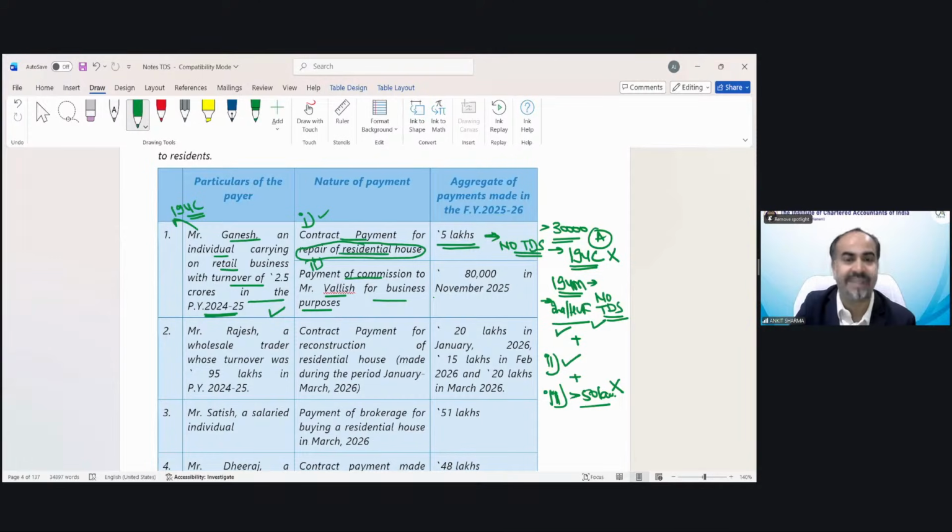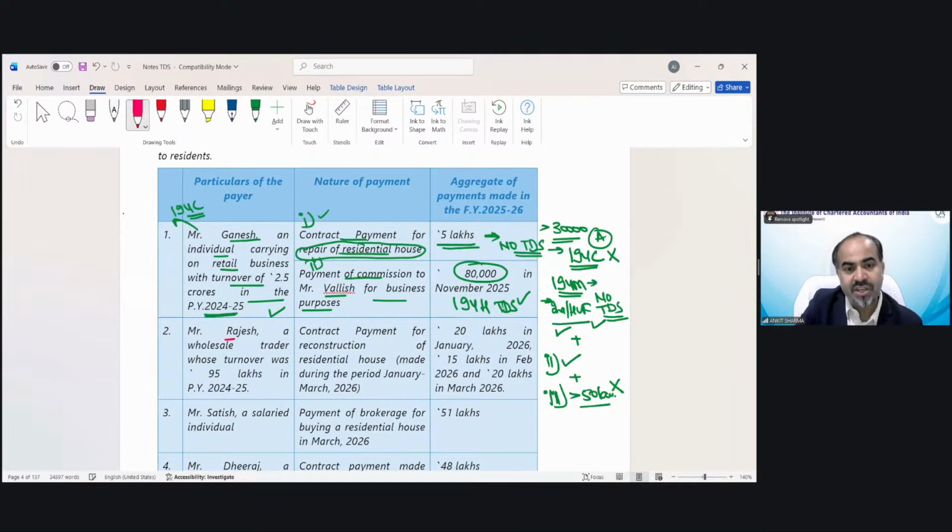For commission purposes, TDS is applicable under section 194H, and the limit is also exceeding the specified limit for commission under section 194H. So in this example, 194H TDS would be applicable. Then we do not need to check the section 194M provision. Understood?